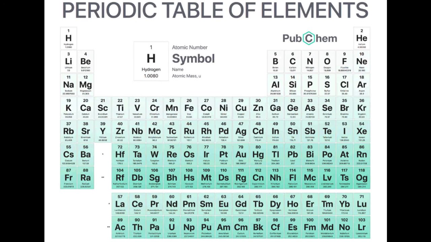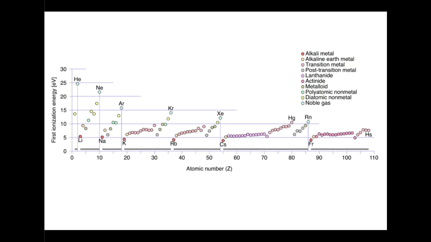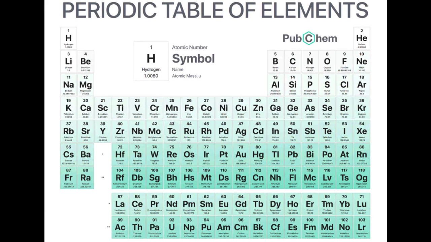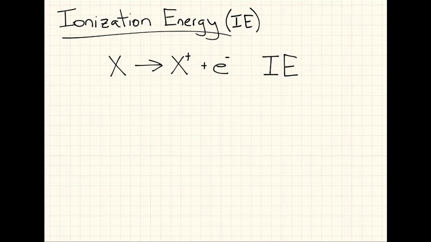All right, so now that we know how big we can expect an atom to be based on simple arguments like effective nuclear charge and position in the periodic table, I want to talk about something called ionization energy. Ionization energy is really a simple concept.